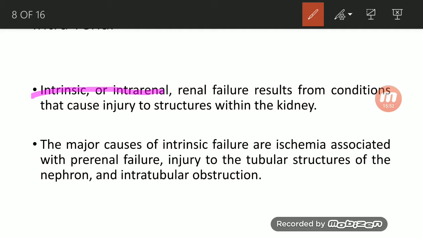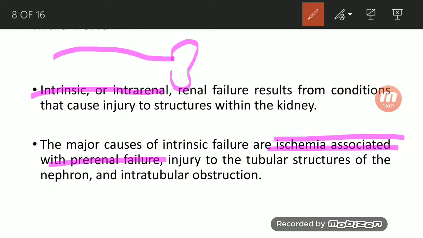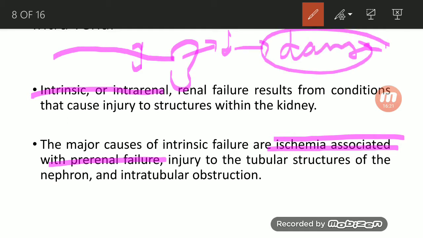The major causes of intrinsic failure are ischemia associated with pre-renal failure, as well as injury to the tubular structures of your nephron, and intratubular obstruction. If there's ischemia in any of the arteries bringing blood to your kidney, then perfusion to your kidney is going to be less. If perfusion is less, there will be damage to your kidney.